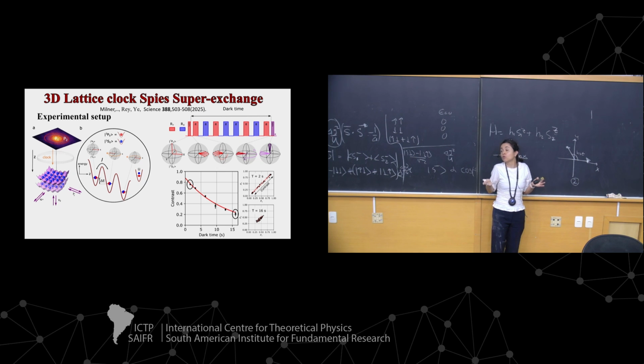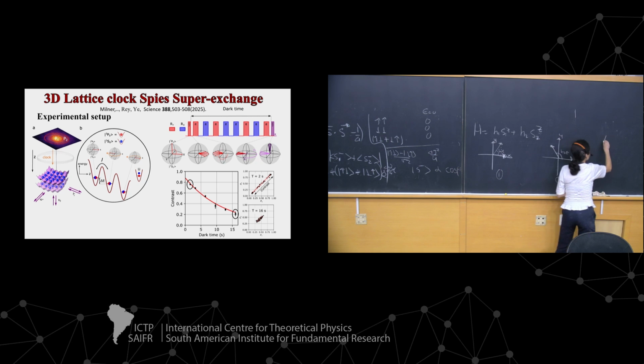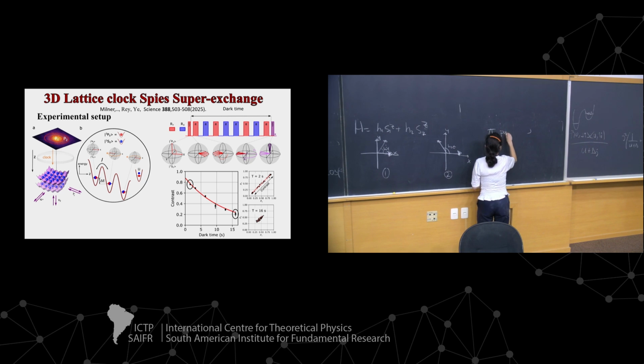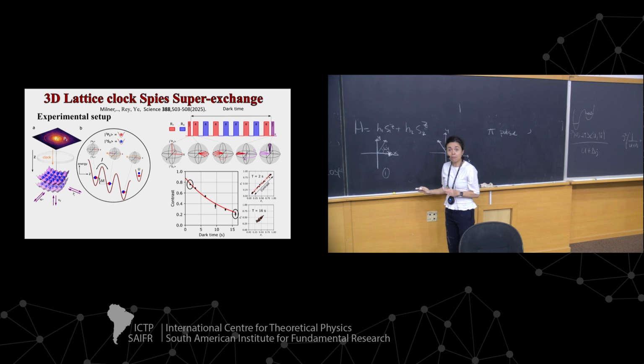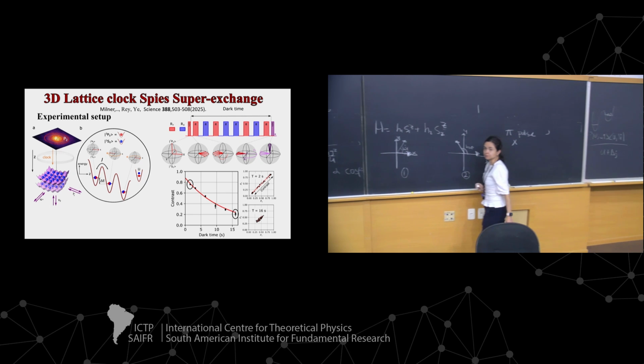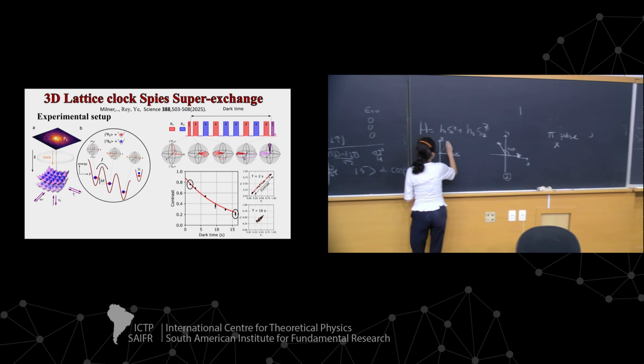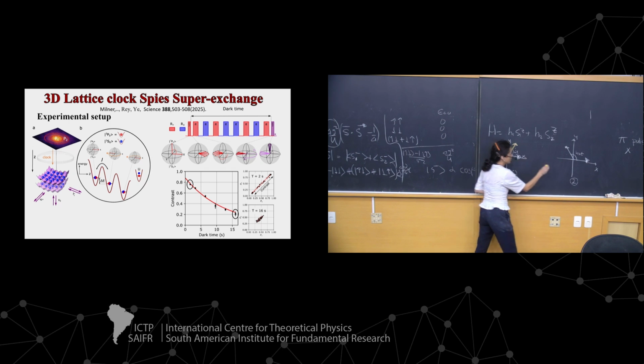How am I going to remove the dephasing? What we do is what is called a spin echo protocol, where I apply a pi pulse in the middle of the dynamics. Imagine that the pi pulse is along the X direction. This is the spin that I have after half of my evolution.